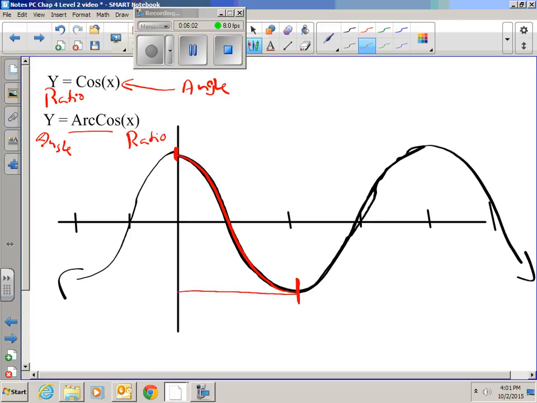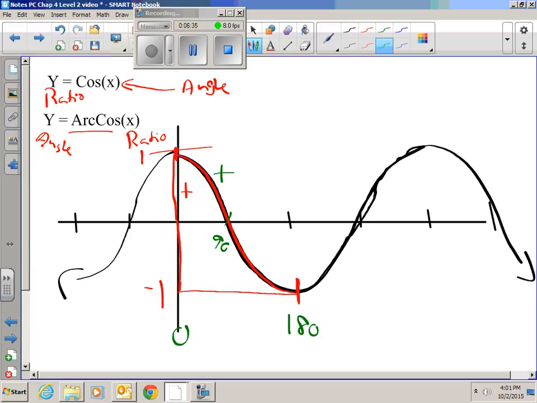Notice now this includes all of my ratios from 0 to 1, my positive ratios right there. It includes my negative ratios right here from 0 to negative 1. This is negative 1, this is positive 1. And it takes my angles from 0 to 180. In other words, this being 90 right here, if my ratio is positive, my angle comes out in the first quadrant.